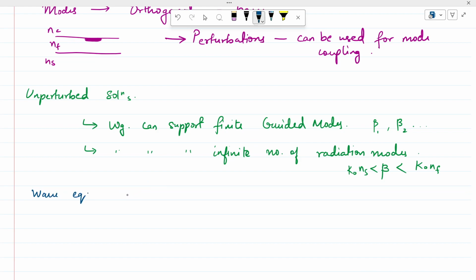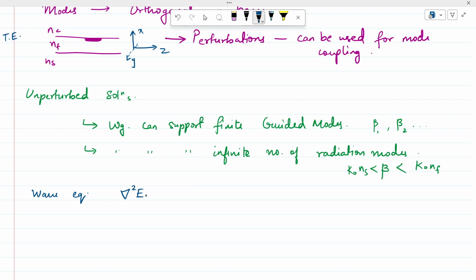The wave equation is given by, say I have this as my x coordinate, so the boundaries are in the x direction, the propagation is in the z direction, and we will assume a TE polarization of light that is incident. Then this is the y, and my electric field will be along the y direction.